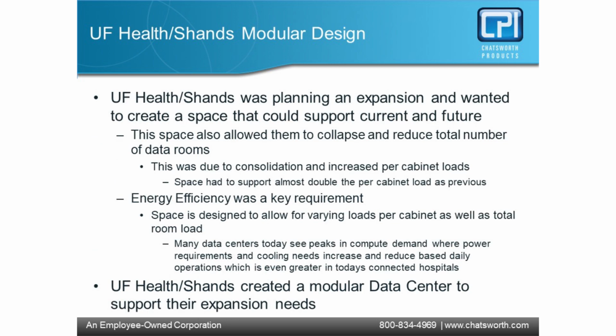Whenever we went into SHANDS, one of the first challenges we had was we were going in there and they had an existing legacy data center, raised floor, very standard operation, power under the floor. They were starting to transition their network overhead. And they were also having some other spaces that they had, and there was some challenge around, do we go through and improve one of the existing spaces, or do we build a new space?